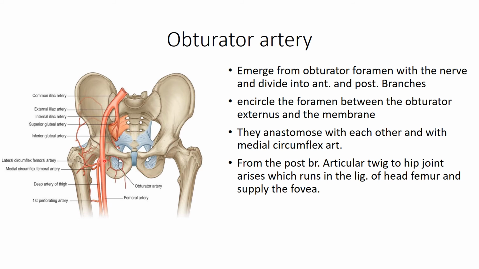And from the posterior branch arises an articular twig to the hip joint, which passes through the transverse acetabular ligament, bridging this notch in the acetabular portion. Then it passes through the ligament of the head of femur and supplies the fovea.